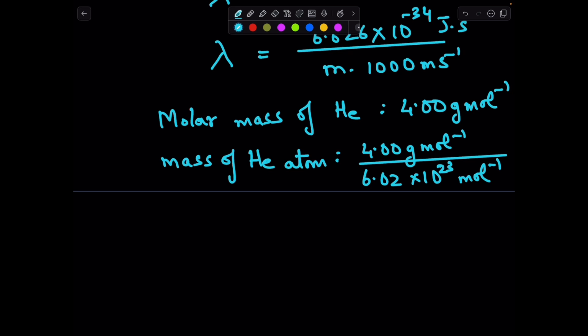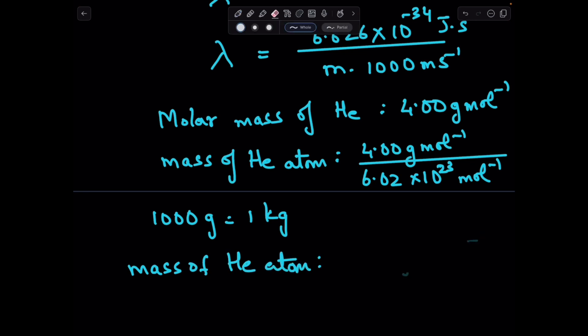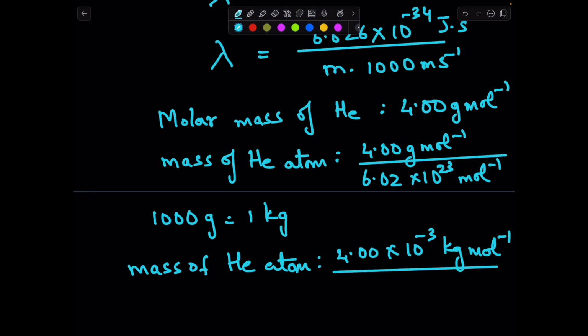Since we want this in kilograms and 1000 grams equals 1 kilogram, mass of helium in kilograms would be 4.00 times 10 to the negative 3 kilograms per mole over 6.02 times 10 to the 23 per mole.